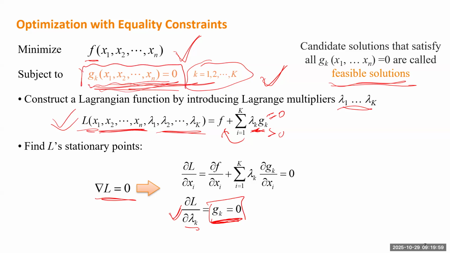So we don't lose anything. We keep every piece of information from the original problem, but we treat x and lambda equally as variables to be determined to find the solution. Then you just solve those equations, and the solutions will give you all the stationary points.